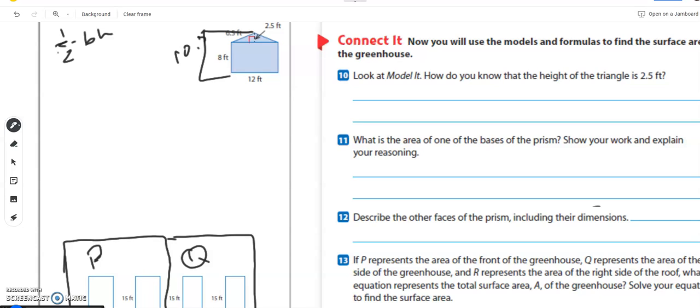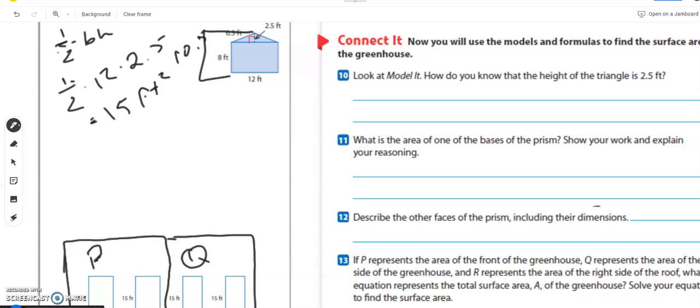So we know that the base is 12, and the height is 2.5. So that's going to equal 15 feet squared.